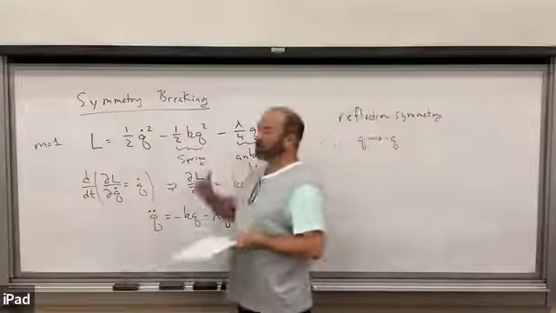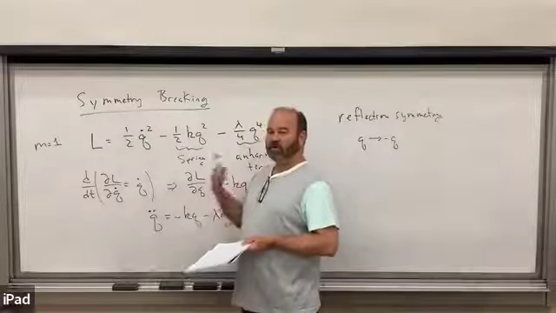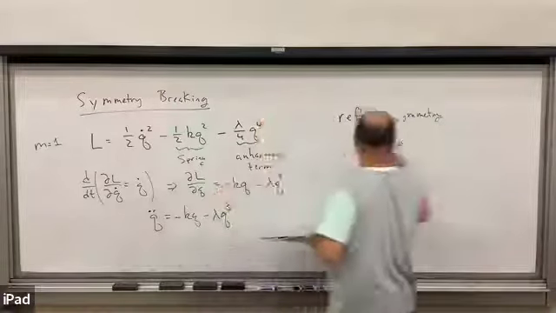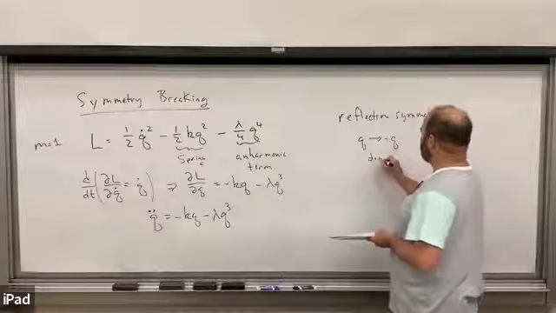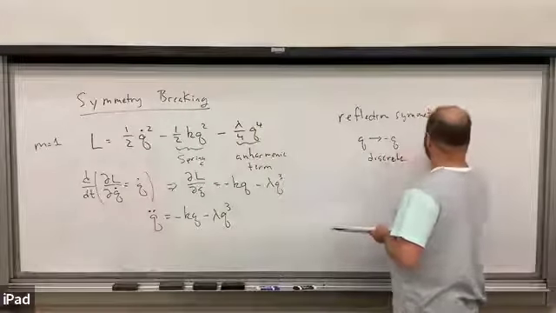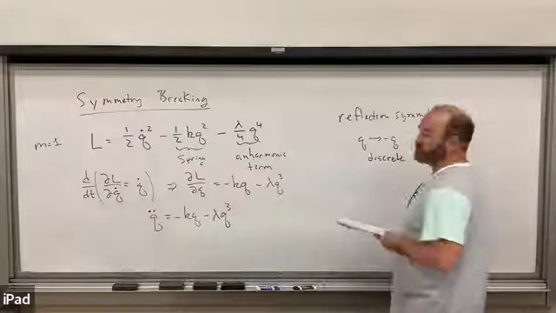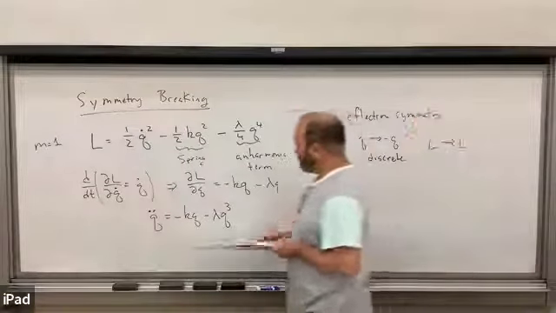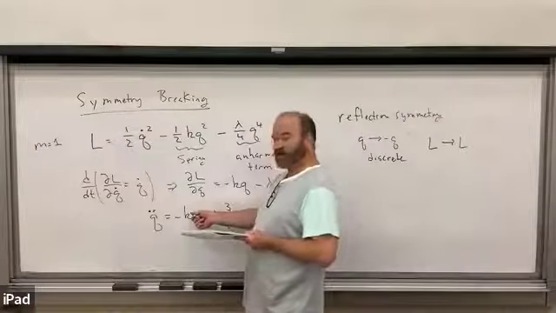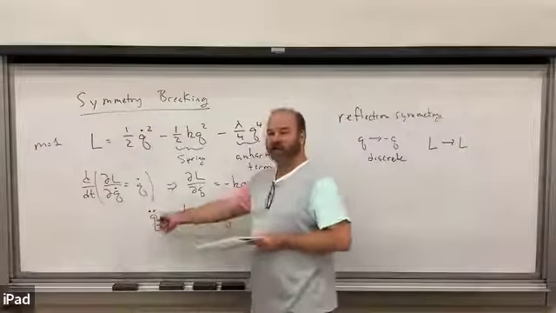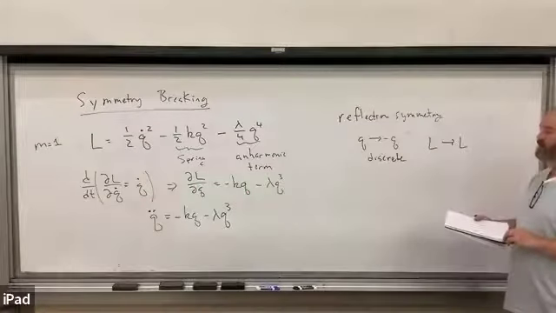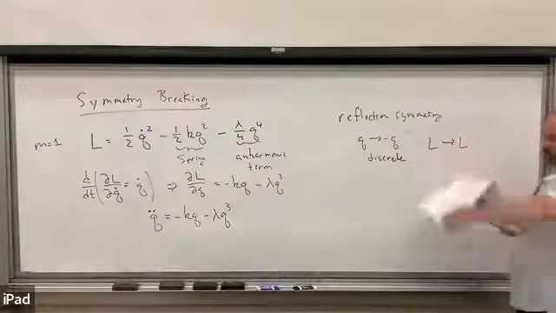All of the q's and q derivatives appear in pairs, so if you let q go to minus q, the Lagrangian goes back into itself. Under this transformation, which is discrete, the Lagrangian just goes back into itself. And you might ask about the equation of motion. When I let q go to minus q, this changes, but so does this, and so does that, and then the minus sign cancels out. So this system has a discrete symmetry.